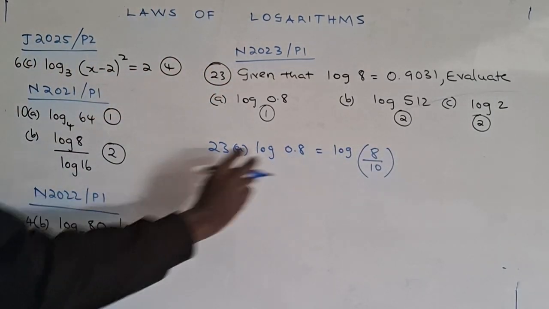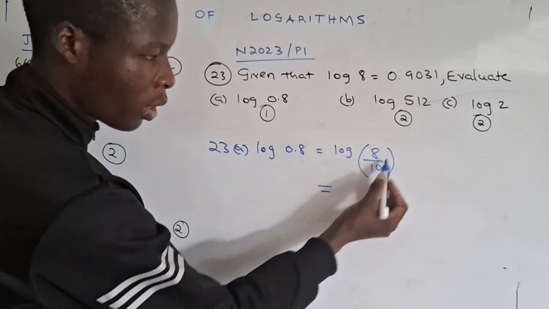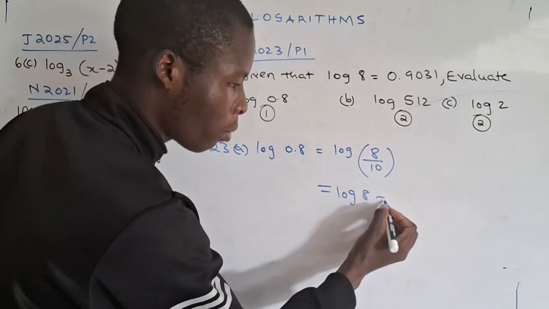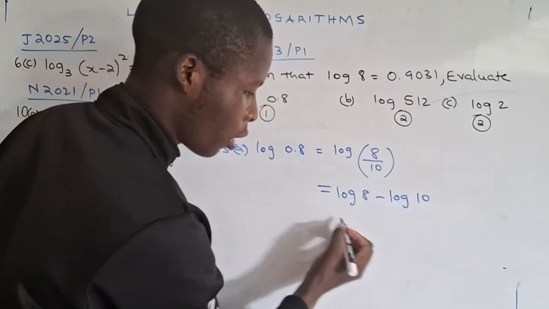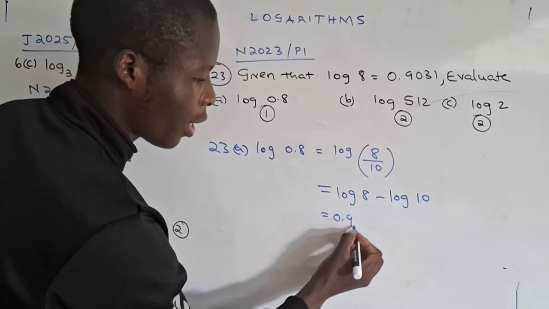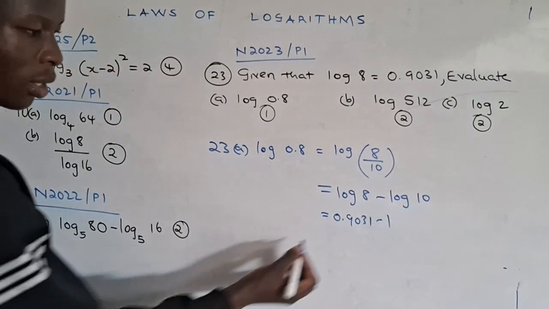I am expressing this as a fraction. Using the laws of logarithms again, this is log 8 minus log 10, of which log 8 is given. This is 0.9031 minus log 10. The answer is 1.